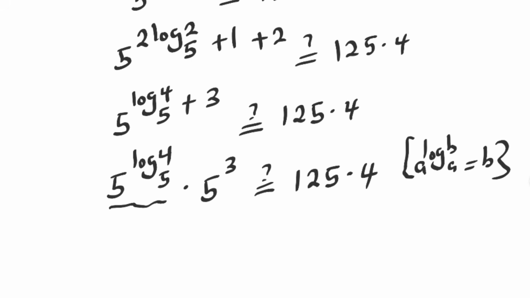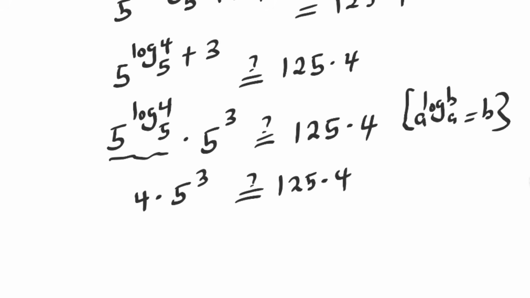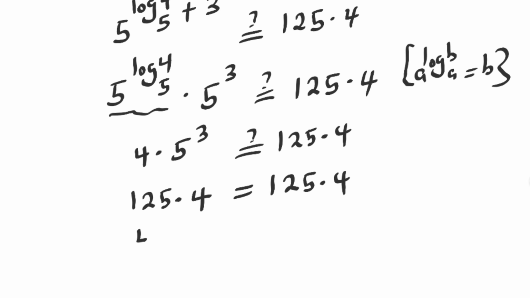So this can be written as 4 multiplied by 5 raised to power 3 must be equal to 125 multiplied by 4. 5 raised to power 3, this is 125. 125 multiplied by 4 is equal to 125 multiplied by 4. This is left hand side and this is right hand side, which is equal.